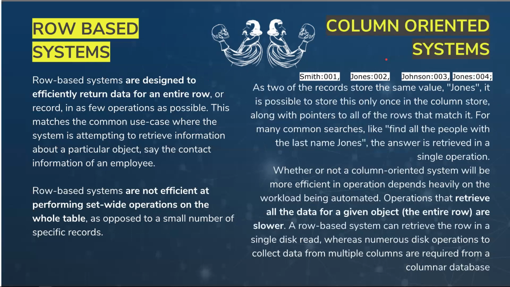Whether or not a column-oriented system will be more efficient in operation depends heavily on the workload being automated. Operations, on the other hand, that retrieve all the data for a given object are slower. For instance, retrieving the contact information of an employee is going to be a slower operation. The row-based system can retrieve the row in a single disk read, whereas numerous disk operations to collect data from multiple columns are required from a columnar database.